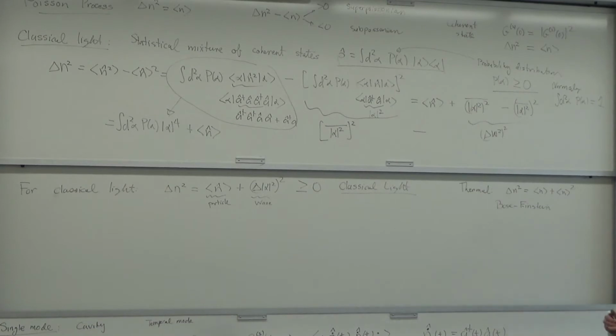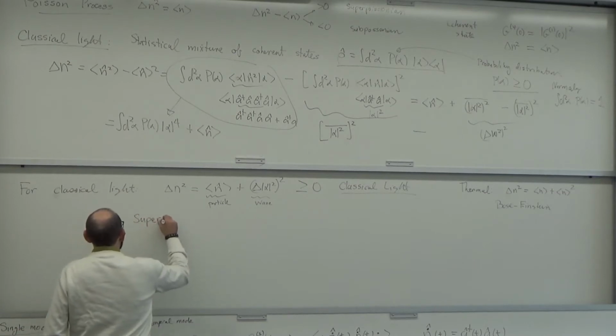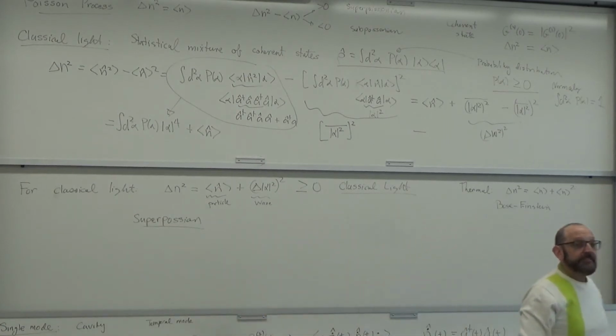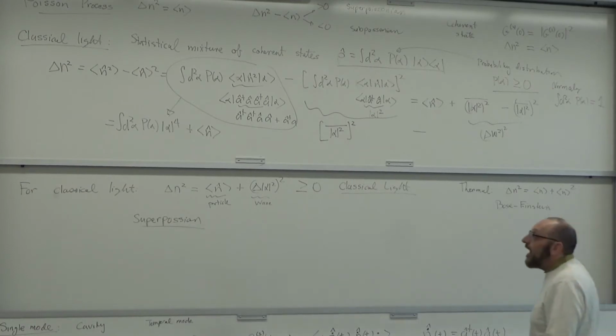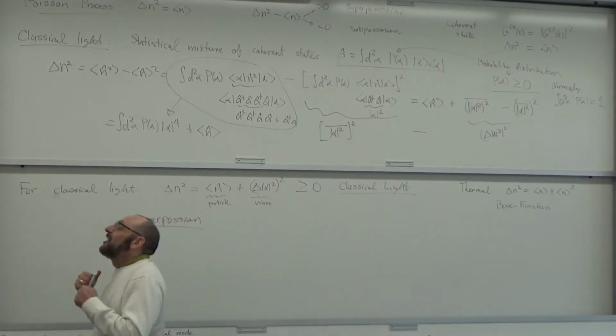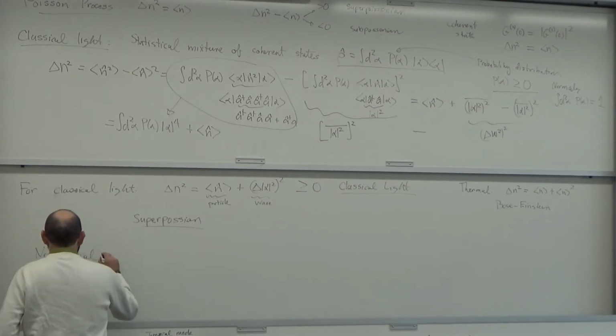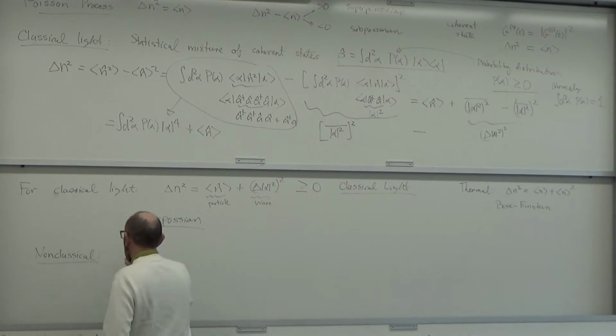Okay. Now, what that means is that classical light is super-Poissonian. It has additional fluctuations beyond the Poisson noise. Okay? And so we have here our first litmus test for non-classical light. One feature non-classical light can have is that it can be sub-Poissonian.